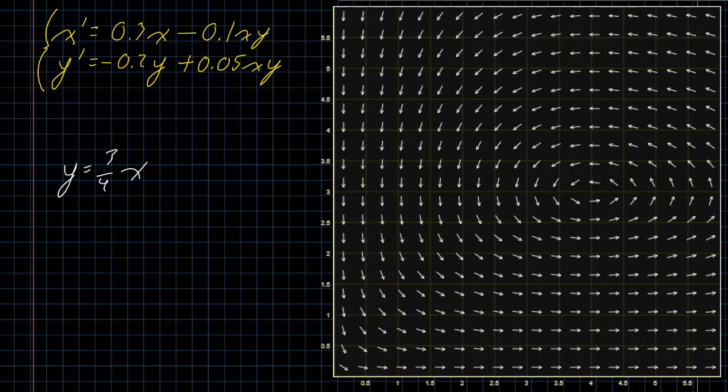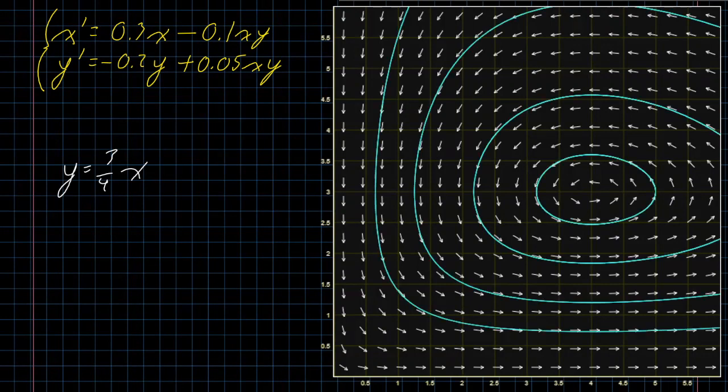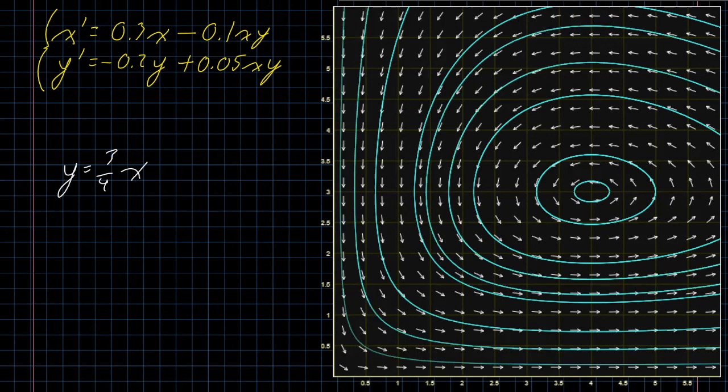I have here now from 0 to 6 in the x direction and in the y direction. And if I click in and draw a couple of representative curves, I see some interesting things happening here.